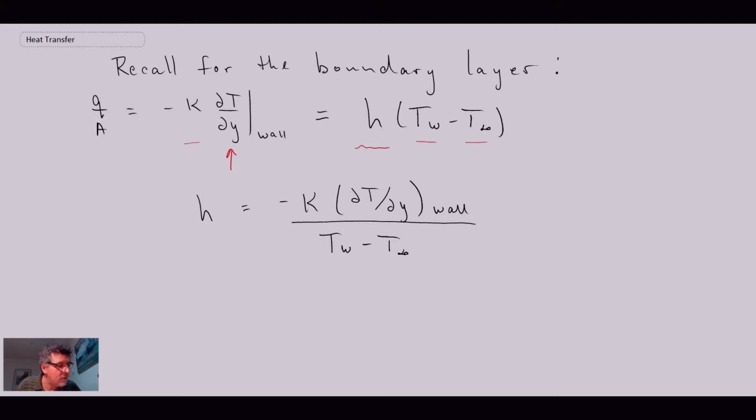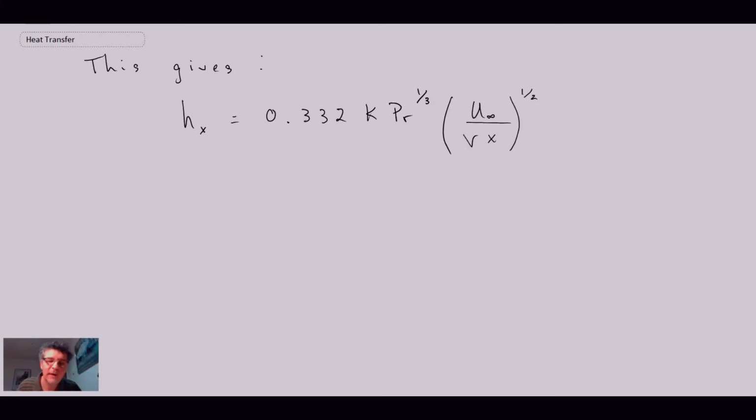Okay, so that's the equation that we can use to determine the convective heat transfer coefficient in the laminar boundary layer. When you take Blasius's solution coupled with the energy equation, this gives the following expression. Notice what we're looking at is h of x.